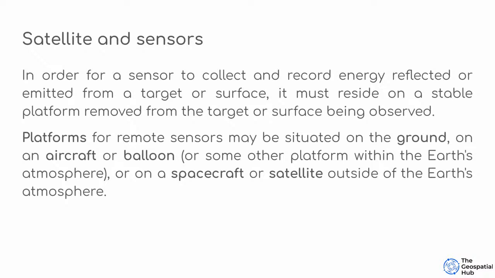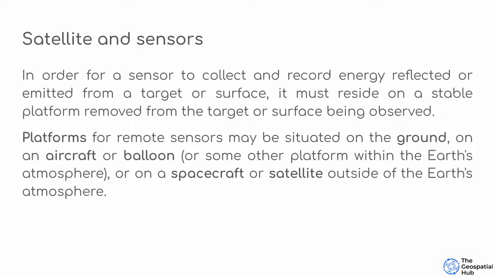So basically, the sensor is a device on a platform. The platform basically varies depending on its altitude. So we have some platforms that are situated on the ground, we have some situated in air, and we have some situated in space.